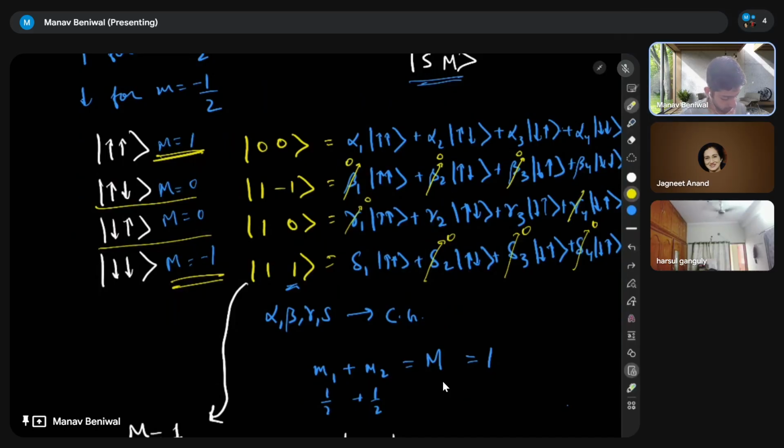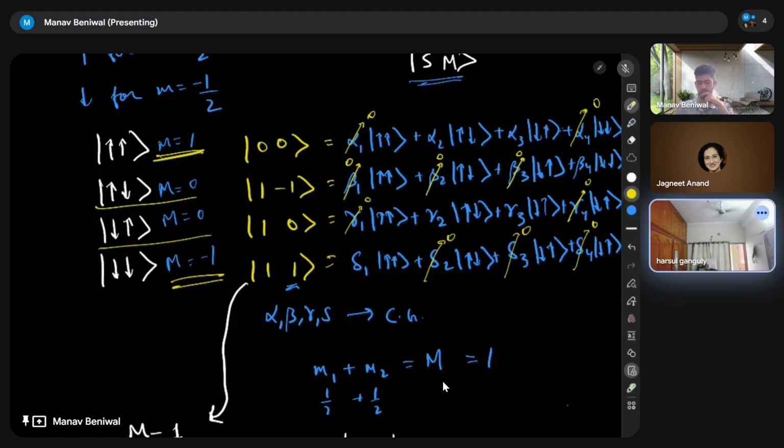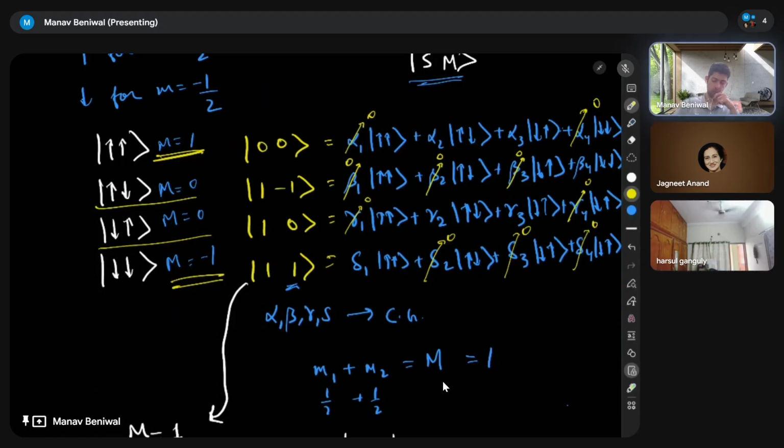So gamma 1 is 0 and gamma 4 is 0. Similarly, for our singlet state, alpha 1 will be 0 and alpha 4 will be 0. So we started with 16 elements and we have now reduced them to 6. So we have already eliminated 10 elements.